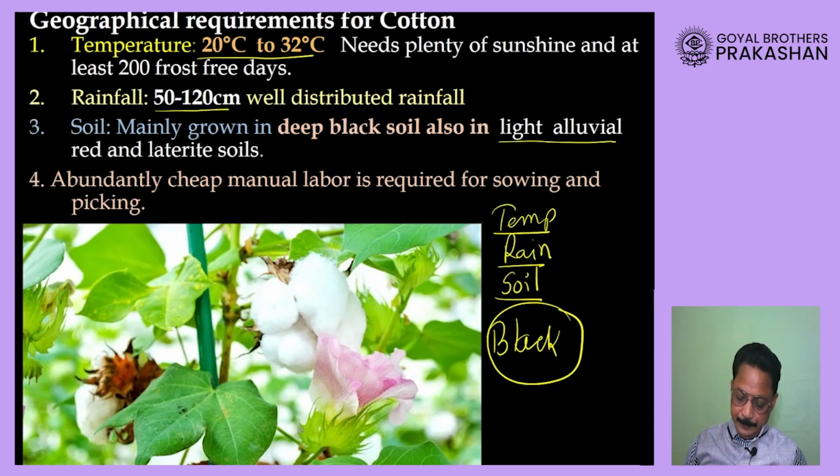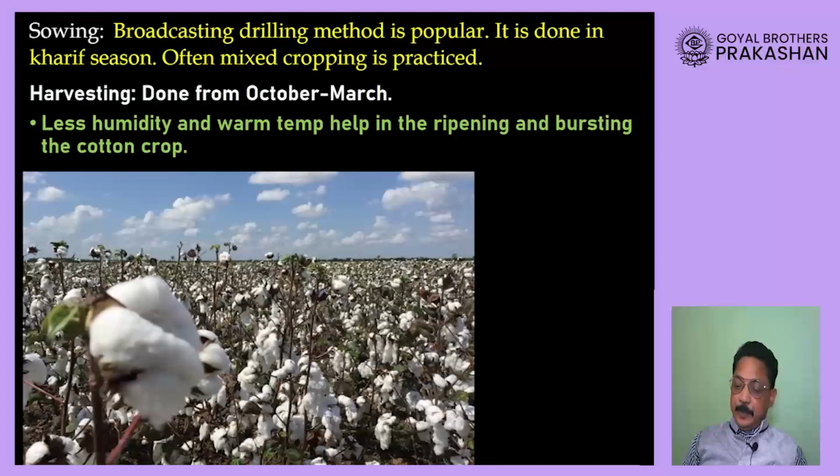Okay, now sowing method. This cotton is actually expensive, so the best method for sowing it will be the drilling method. But you can also scatter the seeds. So you can sow the seeds either by broadcasting method or also by drilling method.